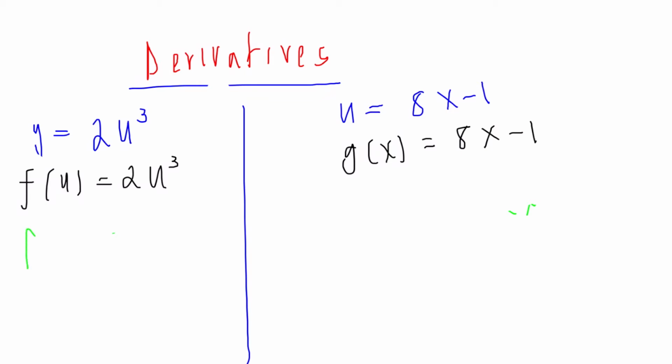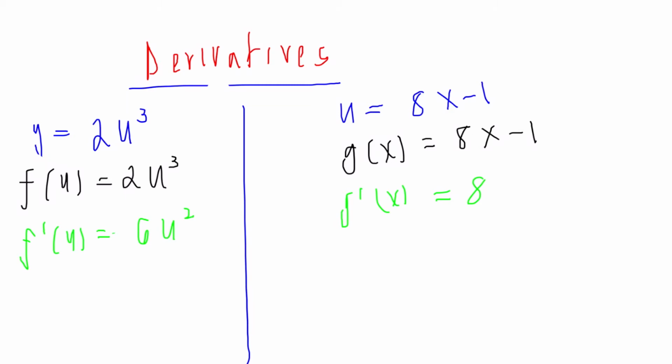Now the derivative of f of u gives us 6u squared, just applying the power rule that we have learned in earlier videos. The derivative of g of x is basically just 8.